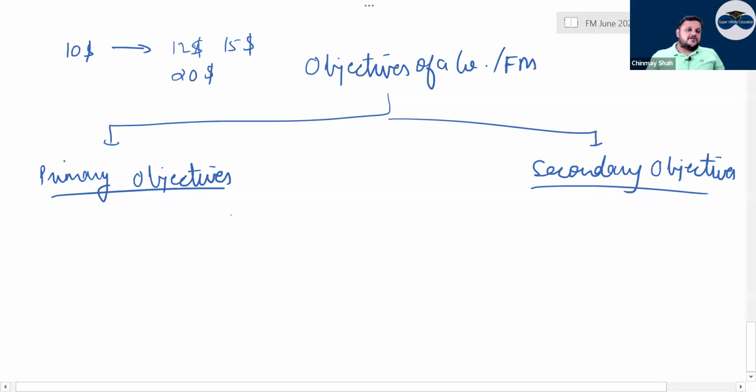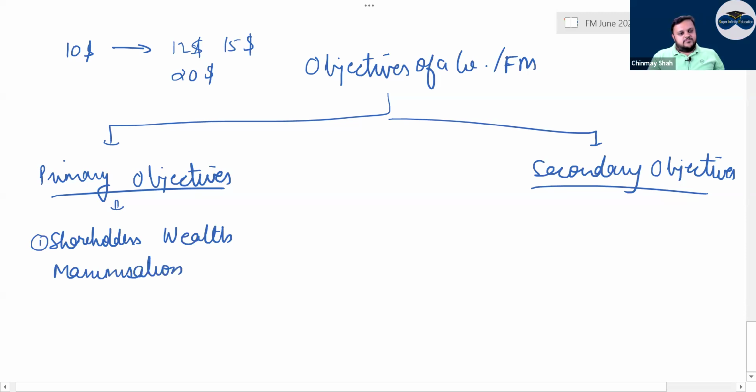So the primary objective is shareholders' wealth maximization.